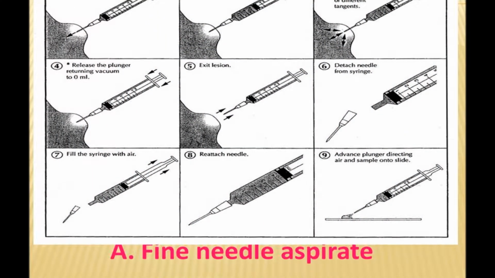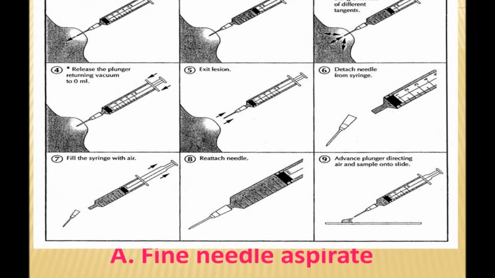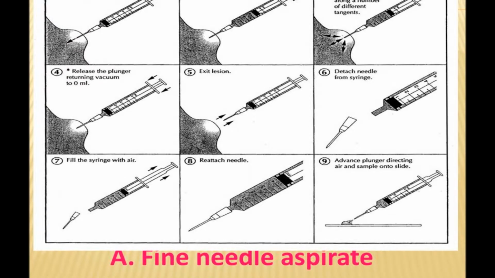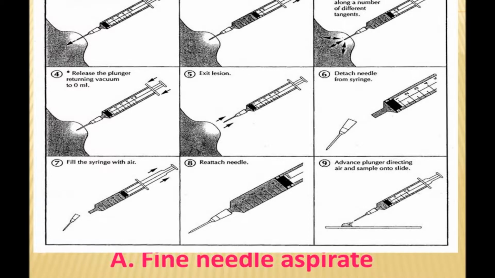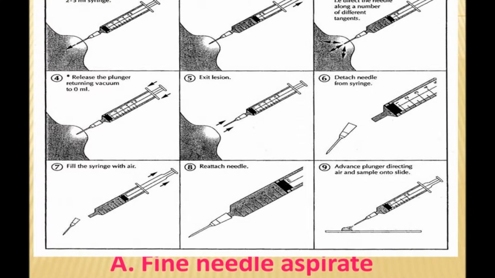Alright, the first thing we're going to talk about is fine needle aspirate biopsy. This method requires a needle and a syringe, and it usually is used on skin lesions.